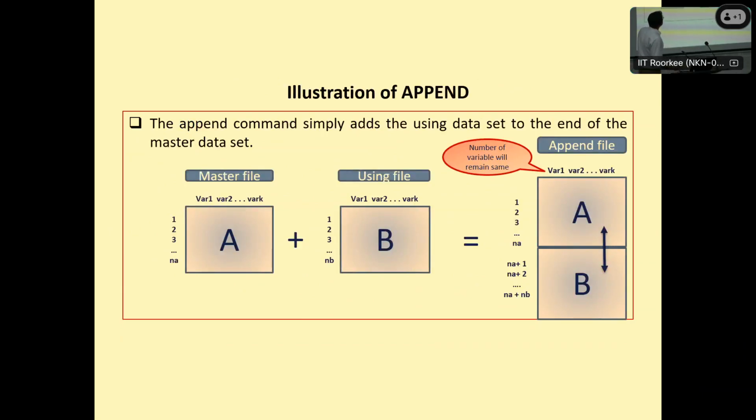If we have a data set as the master file, and another we wanted to add or merge, and the variables are the same, we only want to increase our cases, increase our observations. In that case, it will simply add the observations by their variable. It is simply called appending.